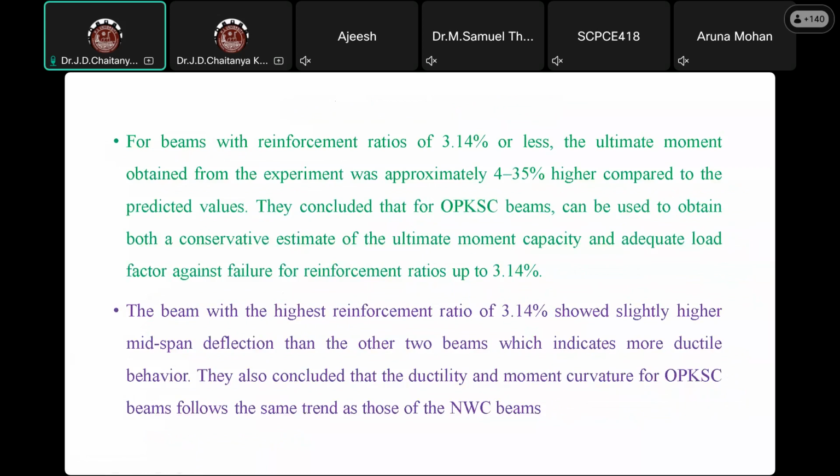When the reinforcement is 3.14%, the ultimate moment obtained from the experiment is 4 to 35% higher compared to the predicted values. The predicted values are the theoretical values only. So these are the values observed from the concrete replaced with shell.